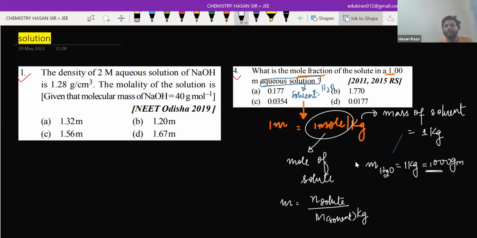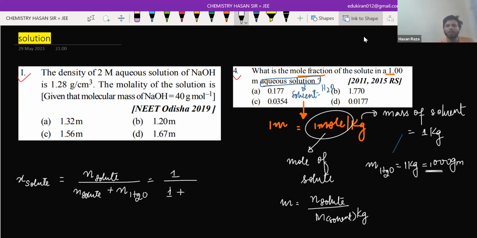Now we need to calculate the mole fraction of solute. Mole fraction of a solute has the formula: number of moles of solute upon number of moles of solute plus number of moles of solvent, and the solvent is your water. Number of moles of solute is given as 1, plus number of moles of solute again 1.